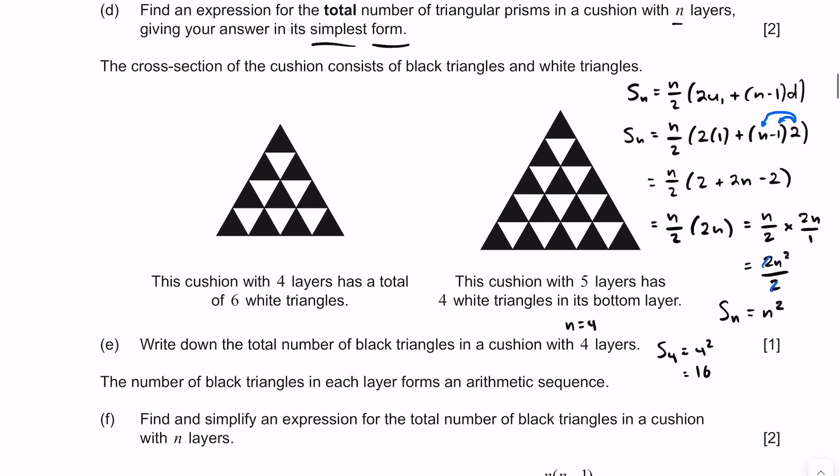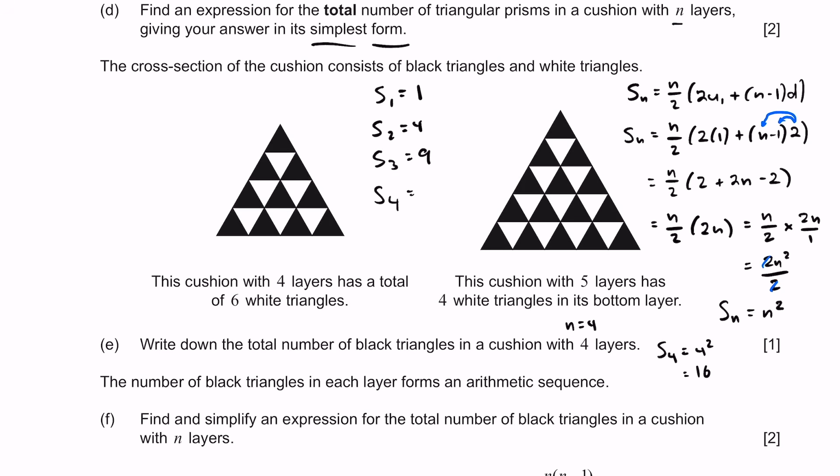Maybe just to go back to this, if you wrote this out and weren't sure about the algebraic process, and you wanted to ask how the sum is related to the number of layers: S1 is equal to 1, S2 is equal to 4, that is to say the sum of all of these is 4. S3, we're now adding on another 5 triangles, so 4 plus 5 is 9.